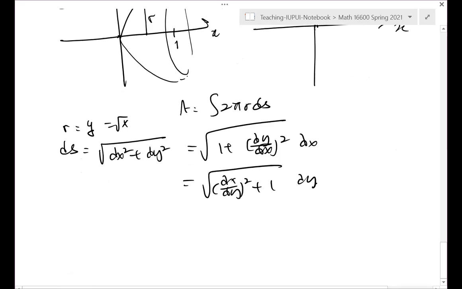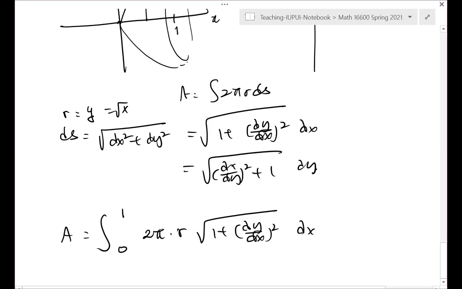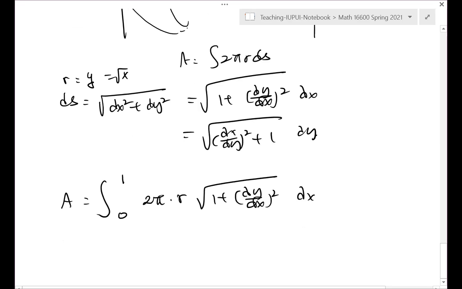Right, so now let's try to find the area. If it is an integral with respect to x, x is from 0 to 1, and it's 2 pi r, right? So I still put this one here. Then what should r be? It should be square root of x, because we have to get the function of x.